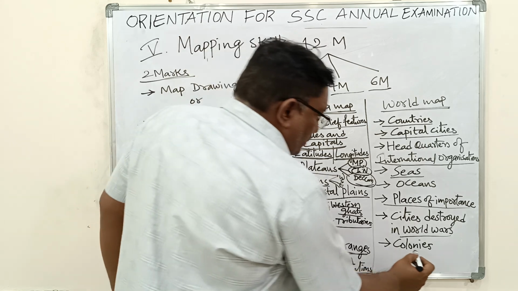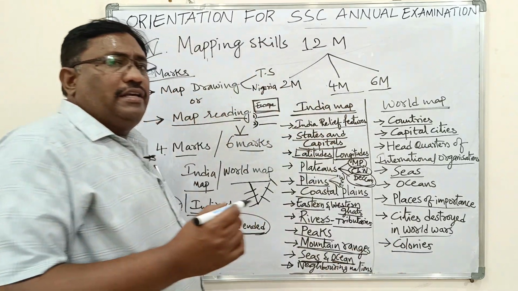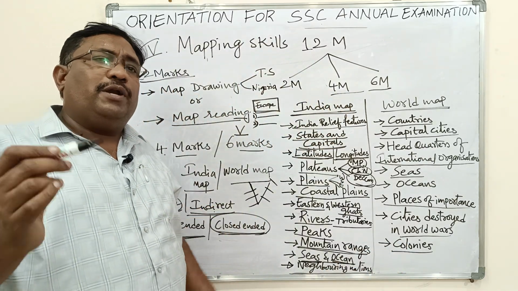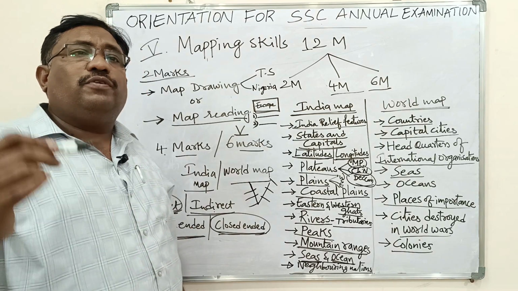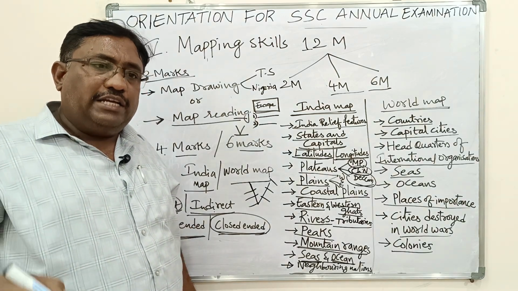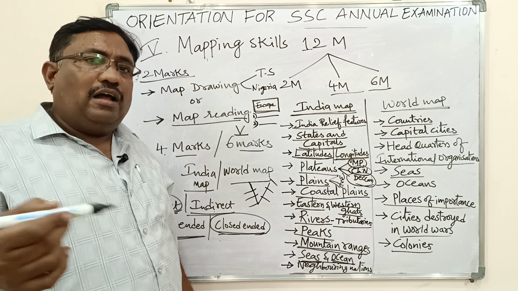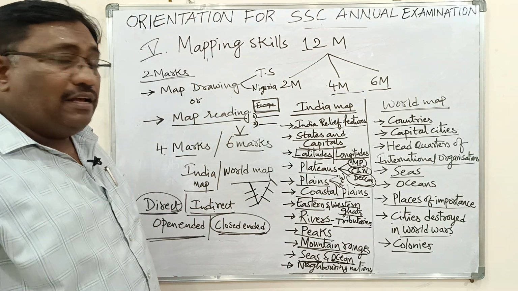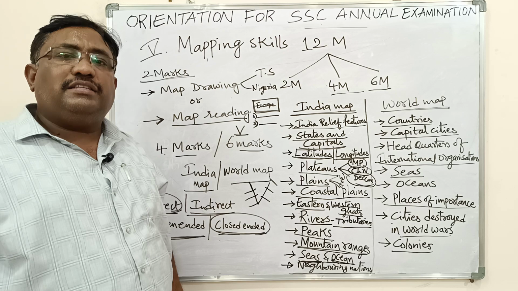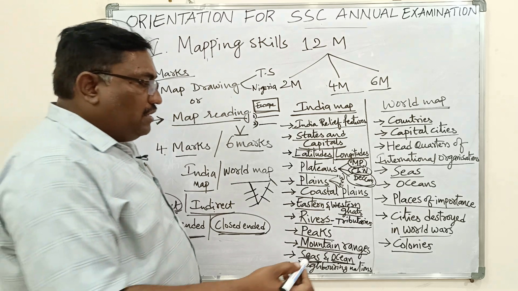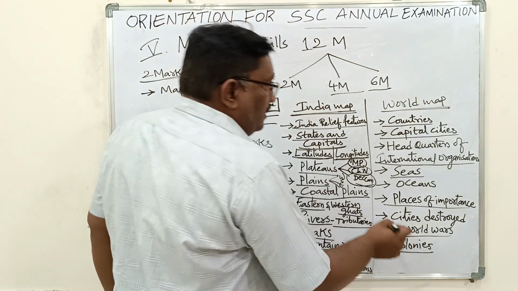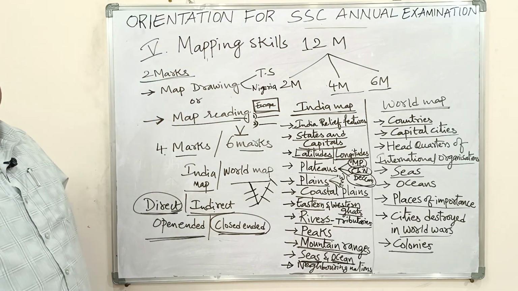Next, the colonies, which were occupied by other countries. The British colony in Asia, for example, is India, and in Africa it is Nigeria. The Belgian colony in Africa is Congo. Colonies also will be asked in this academic standard.